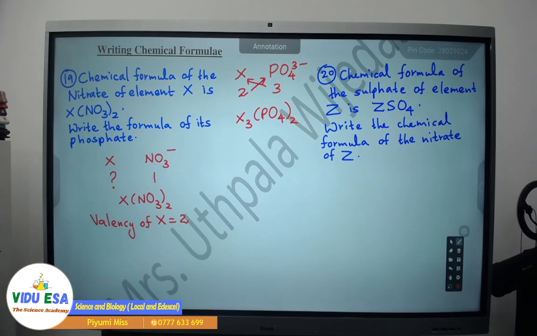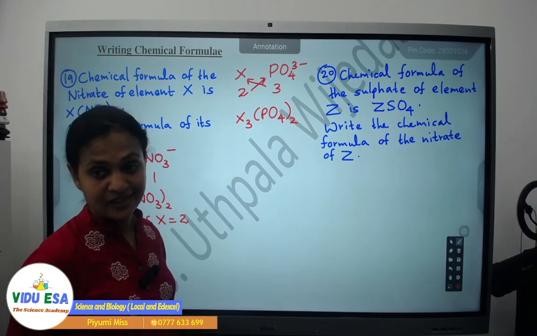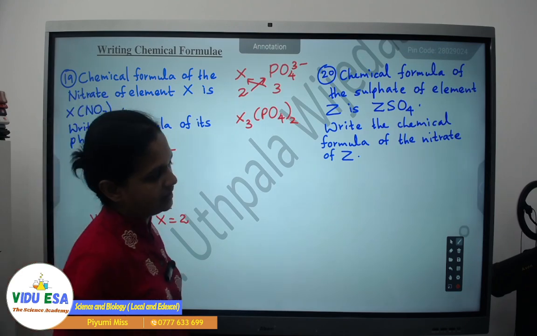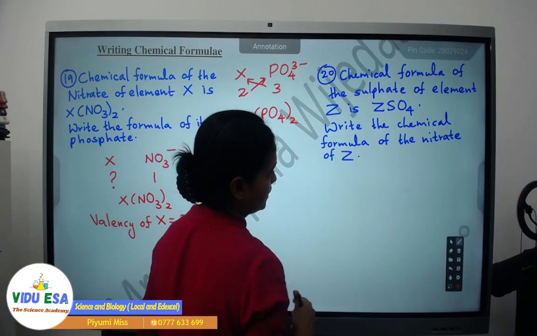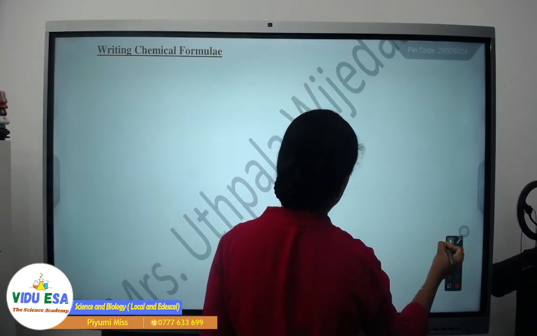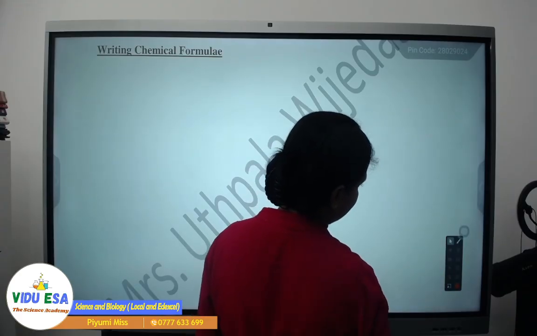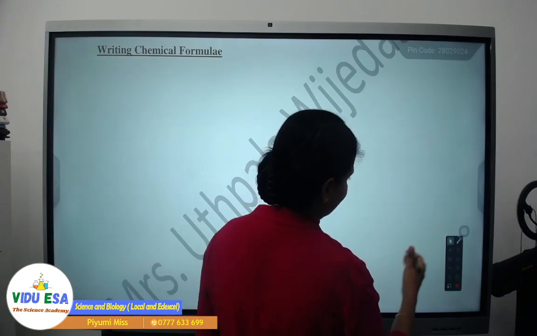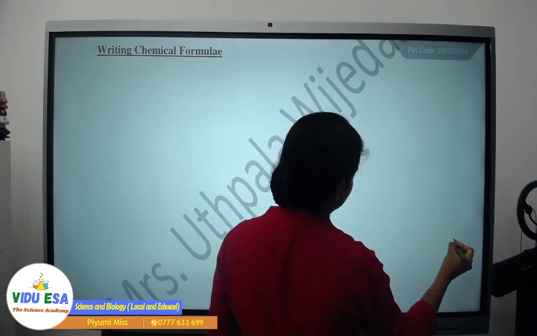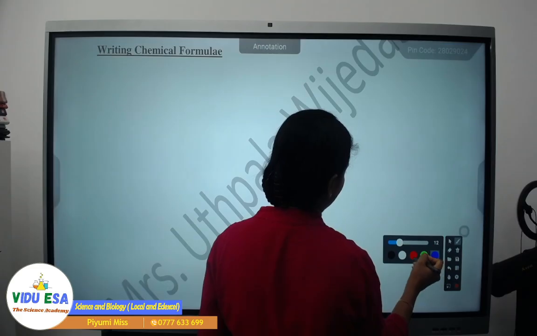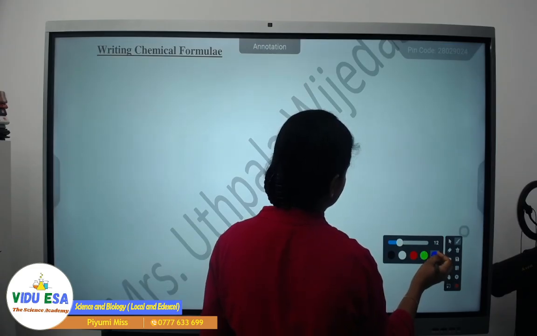Okay, let's see. Then I will give you a question on the second unit as well, since I told you we have some more calculations based on the second unit. We have finished the lesson. I can't take it back. Sorry. So I wrote, as I can remember, the formula of the sulfate.